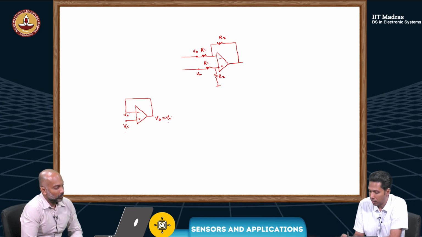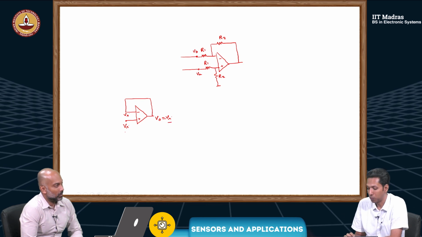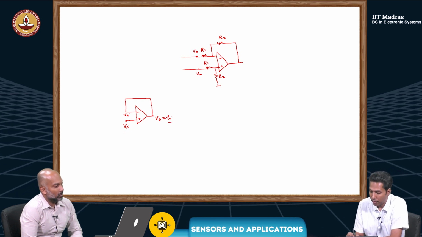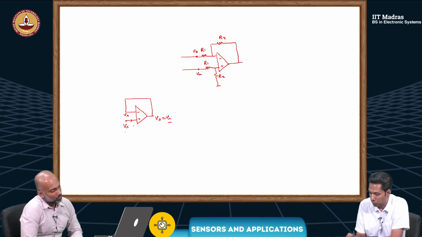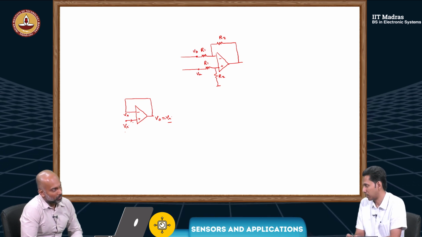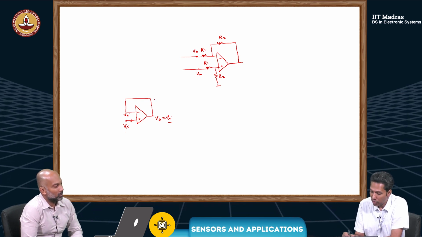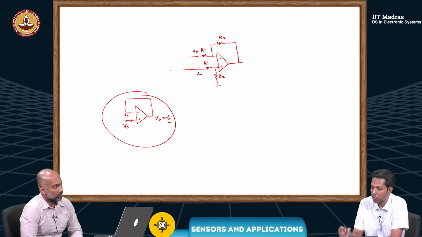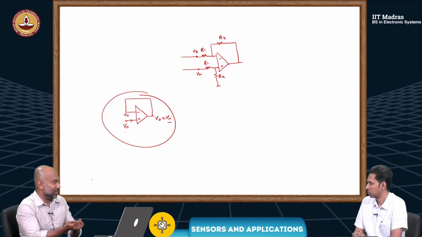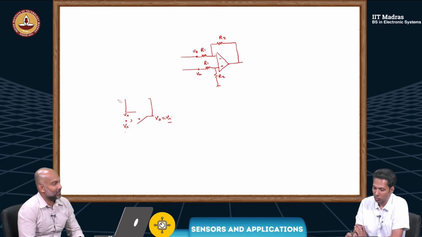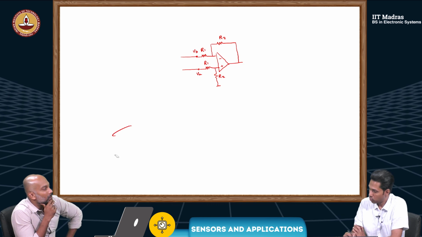Whatever we give here is available here if it's within the range of the op-amp. Because this is going to the non-inverting terminal of the op-amp, the current drawn is negligible. So it provides high input impedance. So we could use two of these in front, one for VA and one for VB. So that could be one solution.